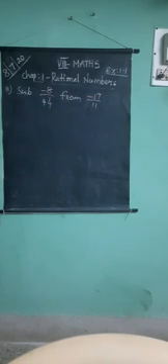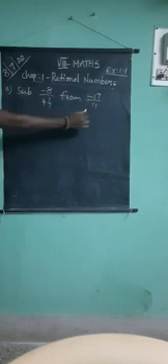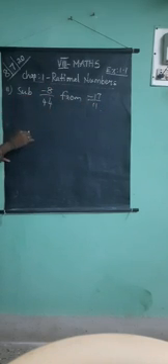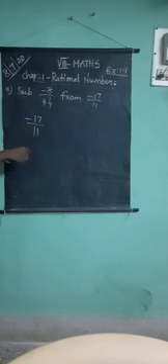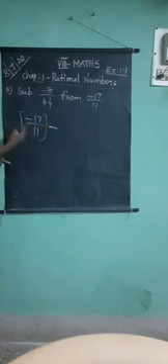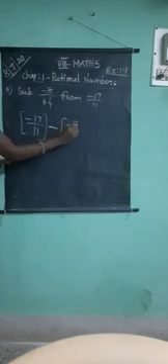Now see, subtract from one number: the number after 'from' we want to write first. So minus 17 by 11. Subtract means subtract. This number minus 8 by 44. Are you clear?